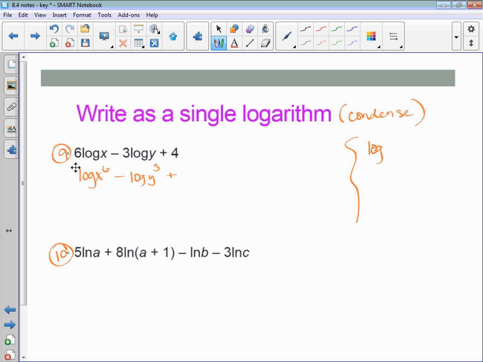So log base 10 of something has to equal 4. What is that something going to be? Wouldn't it be 10 to the 4th equals what I'm looking for? 10,000? Okay, so this is plus log of 10,000.